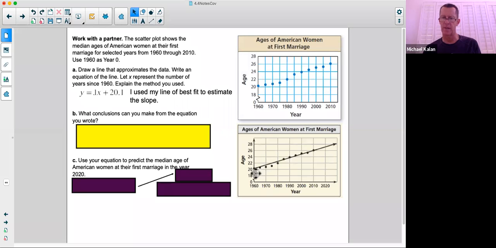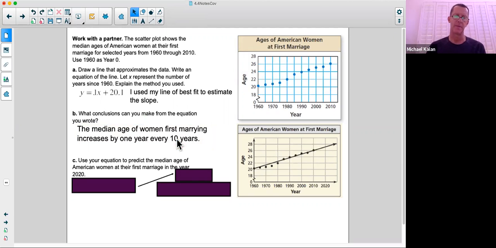And notice, if I pick this point, which is almost at 20, it's really like 20.1 maybe, I don't know. And I pick this point right up here at 1990, 24. That's what? A rise of 4, a run of 30. So that's approximately 0.1, maybe not quite, but again, this is kind of approximating things, right?